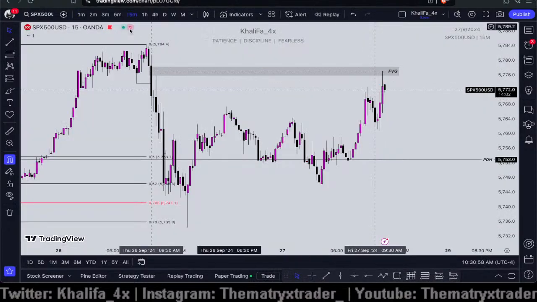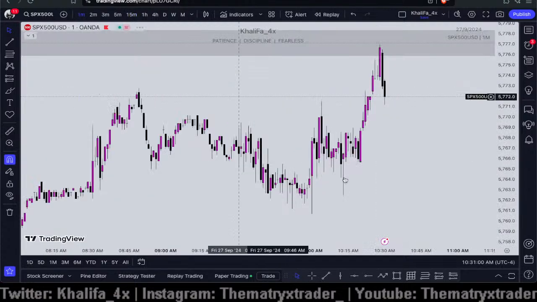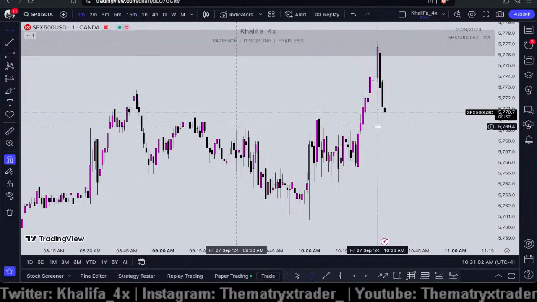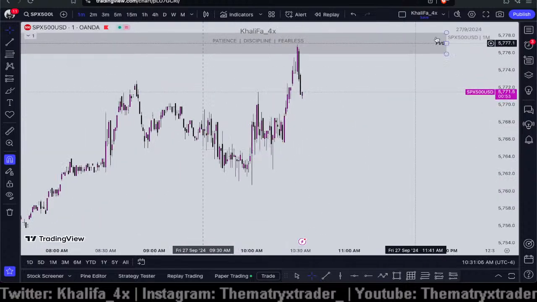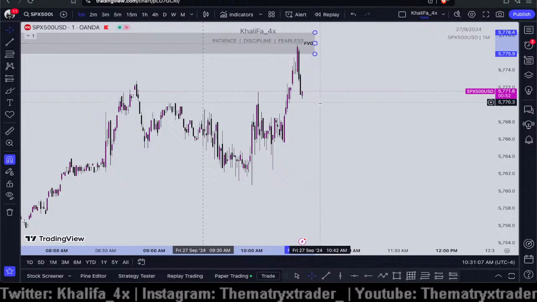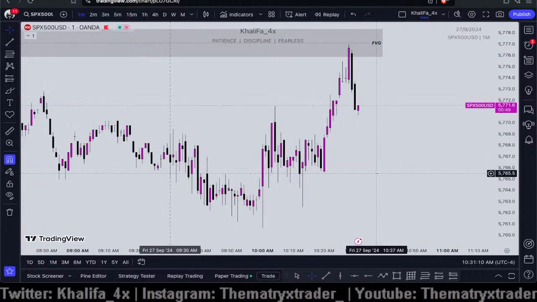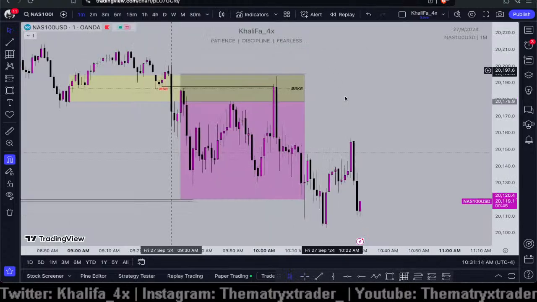Okay, we are in 1 minute time frame, right? Let me tell you, at what time did SPX come into this fair value gap? 10:28.